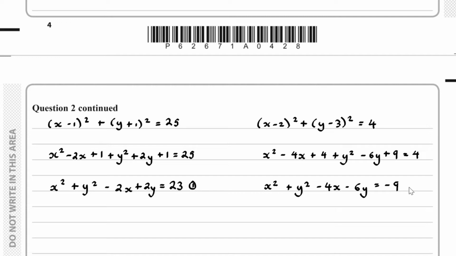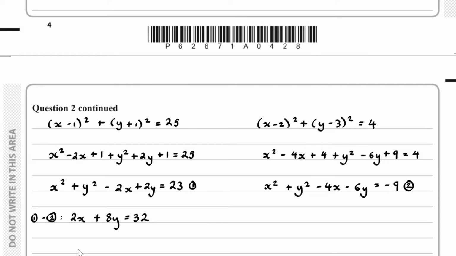If we call this equation 1 and this equation 2, what we can now do is subtract equation 2 from equation 1, and if we do that, x squared minus x squared, that's 0 x squared, y squared minus y squared, that's 0 y squared, minus 2x minus minus 4x, that's 2x, 2y take away minus 6y, that's 8y, 23 take away minus 9, that's 32.